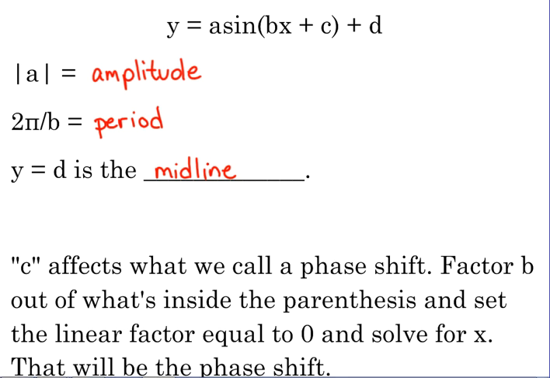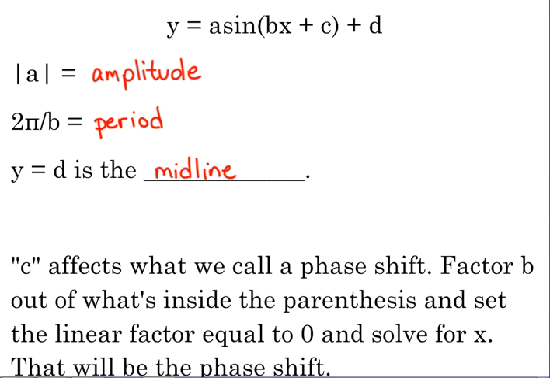B is going to affect our x values, the period. So it's going to horizontally stretch or shrink. It's either going to make that period longer or shorter, just like our other transformations. When our x is multiplied by a number, that's the horizontal stretch or shrink, changing the period specifically in this case.